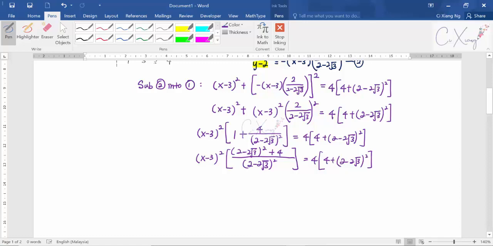Okay, right, so now (x - 3)² on the left, then all the other things on the right. So this is the original right hand side one. When I bring this fraction over, the denominator will become the numerator, then divided by the original numerator, which will become the denominator.